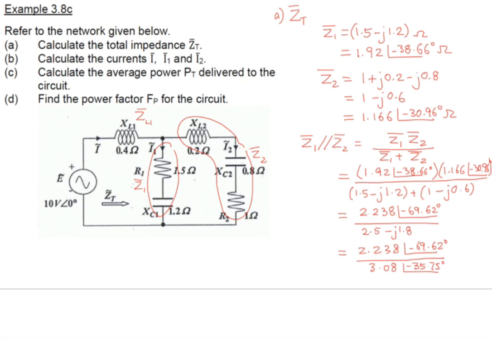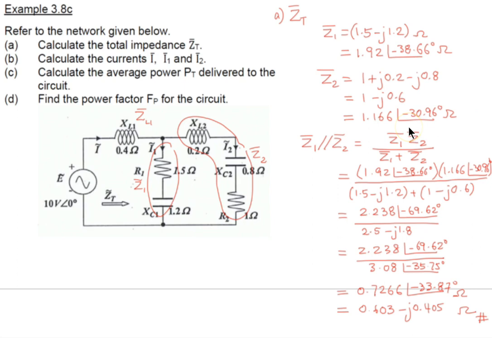That will give me 0.7266 angle minus 33.87 degrees. Now this is parallel, so it's ohms. Or if I want to write in the rectangular format, it would be 0.603 minus j0.405 ohms.